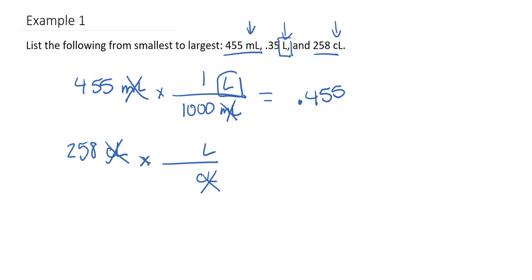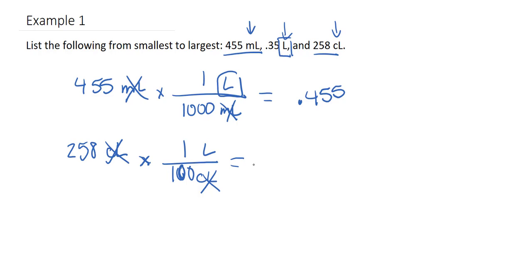We ask ourselves again, is a centiliter larger or is a liter larger? Because of the cent in century, there have to be 100 centiliters to equal a whole liter.